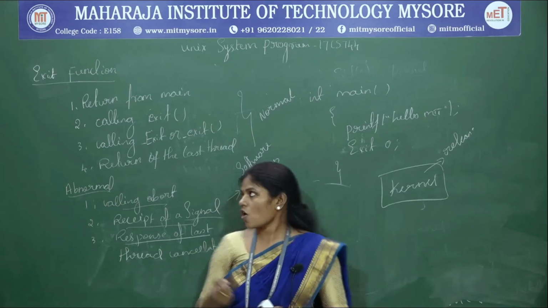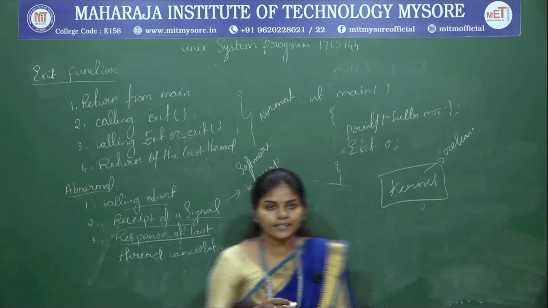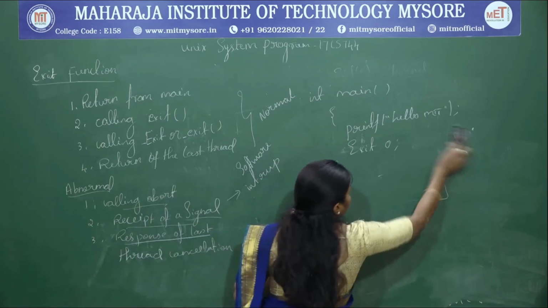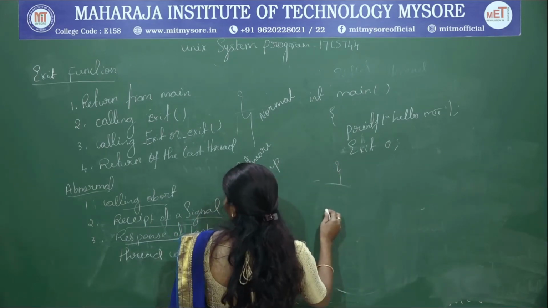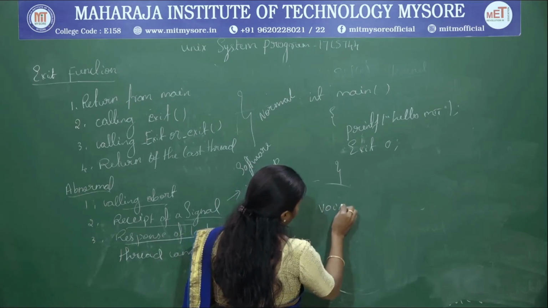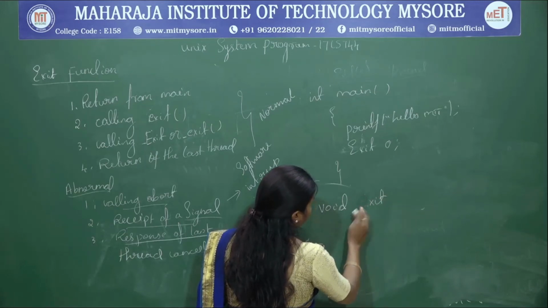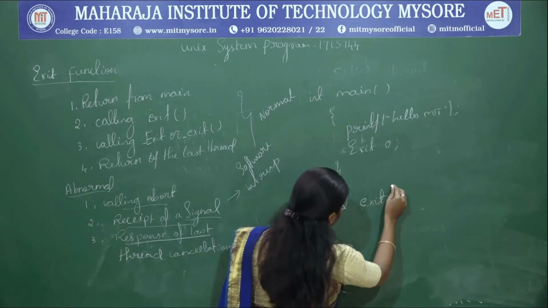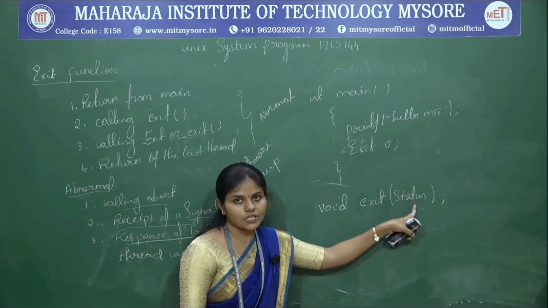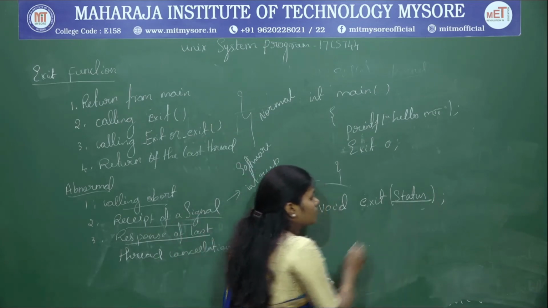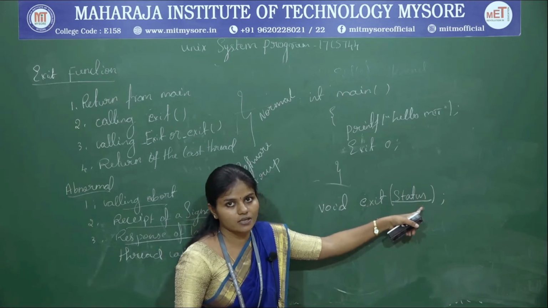So what is the syntax of the exit and the underscore exit function? The simple syntax for the exit function is void exit of status, right? The exit function takes only one argument, the status argument.